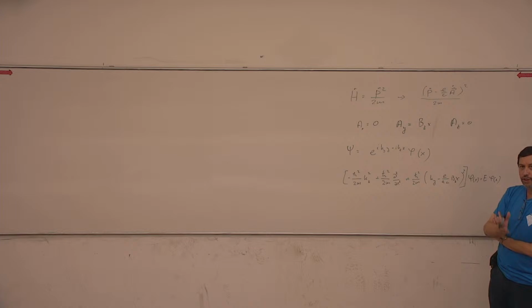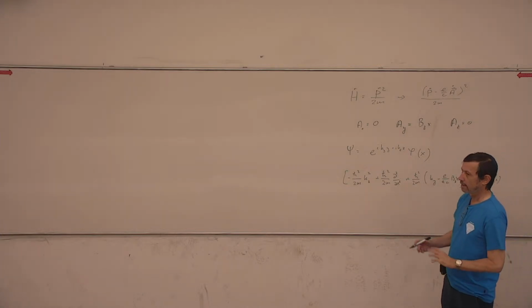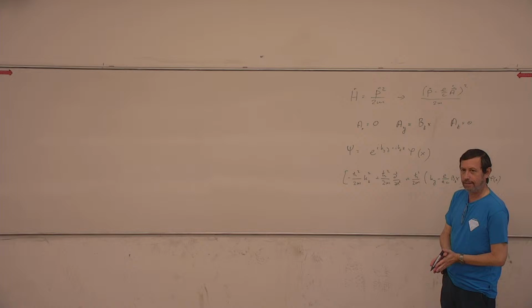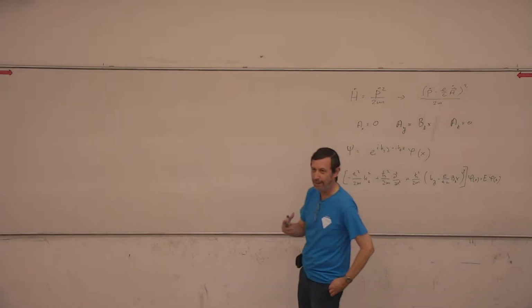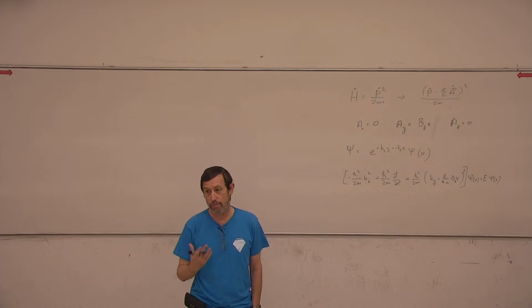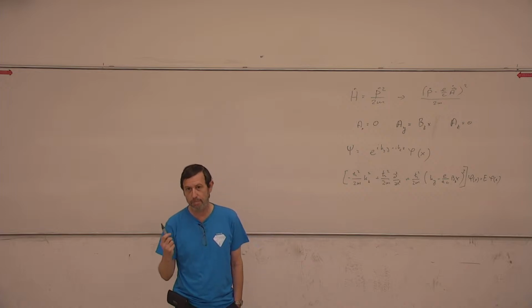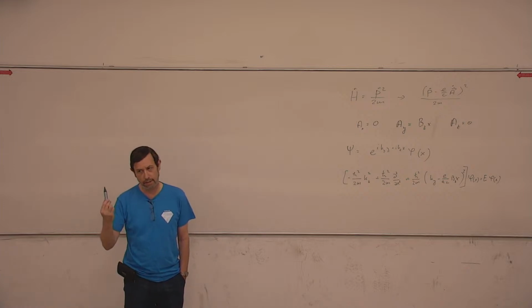I'll treat you like ChatGPT. Simplify your answer. It should depend on the radius, on x squared plus y squared. So let me rephrase your answer, which is correct, but it's not the form that physicists usually express themselves in this problem. In the initial problem, there was symmetry between x and y. Why? Because the only thing that breaks symmetry here is a magnetic field in the z direction.